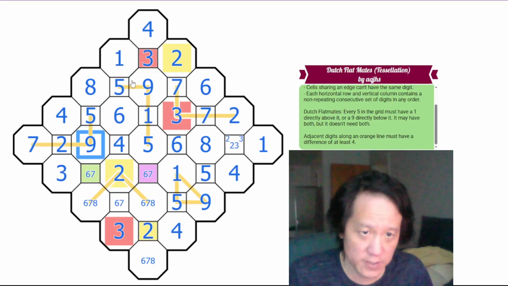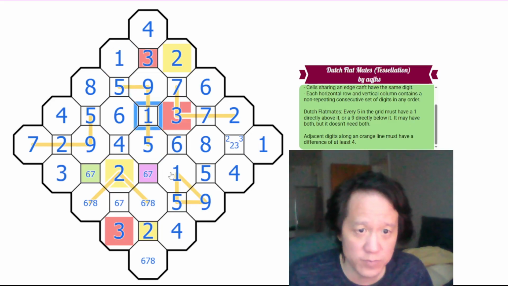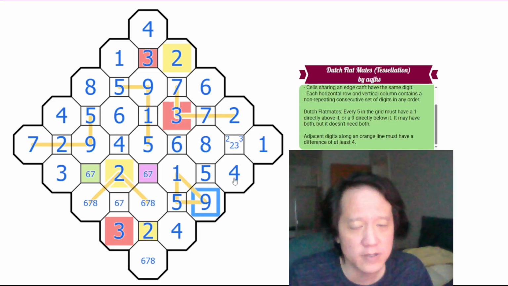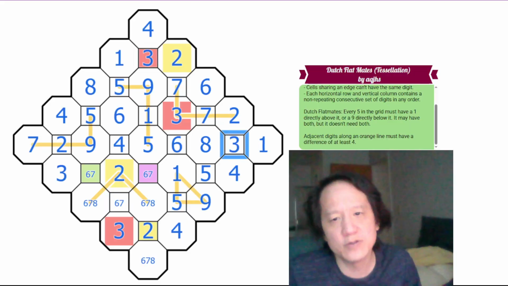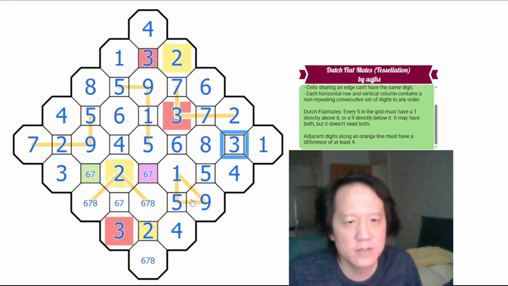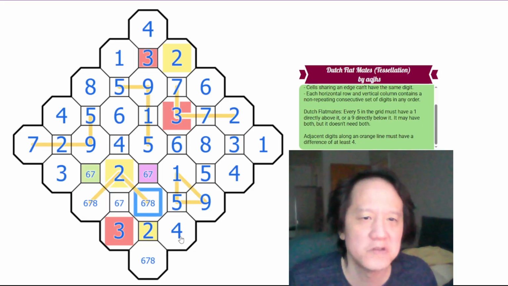So 5 has 9 below it, 5 has 1 above it, 5 has 1 above it, 5 has 1 above it, 5 has 9 below it. That forces this to be 3. So far this is looking fine. This becomes a 6-7 pair. Yeah, this seems valid.